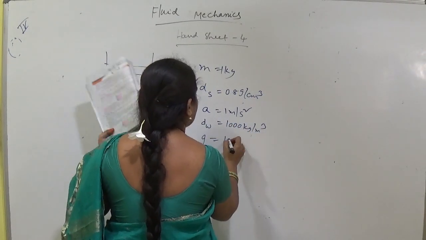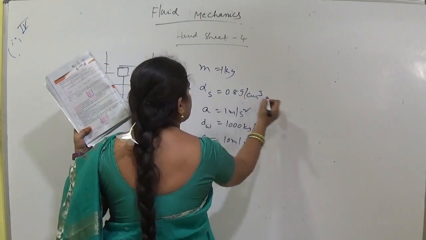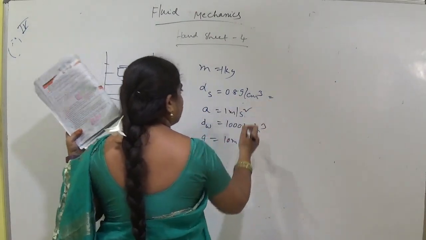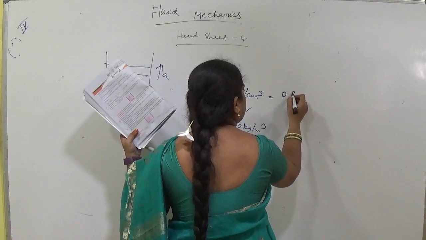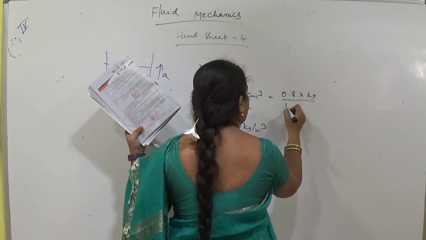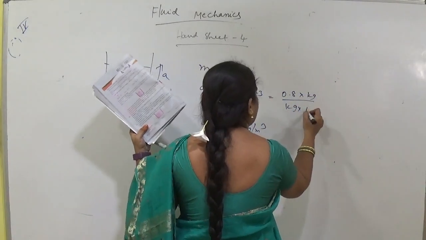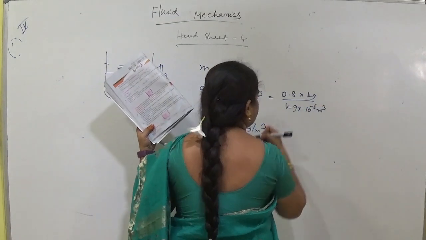G is equal to 10 meter per second square. Density of substance is 0.8 into kilogram by kilogram into 10 power minus 6 meter cube.